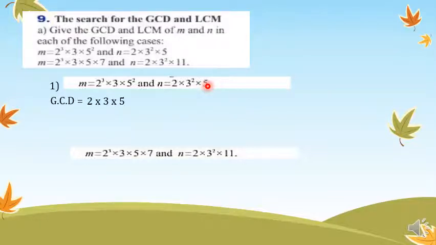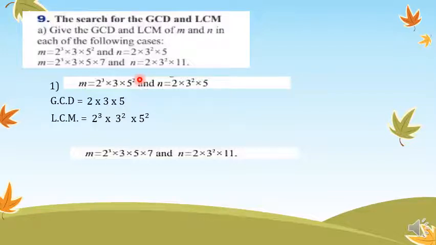Okay? Now the LCM. The LCM takes all the factors with the greatest exponent. I have 2 and 2 cubed, take 2 cubed. 3 and 3 squared, take 3 squared. 5 and 5 squared, take 5 squared.